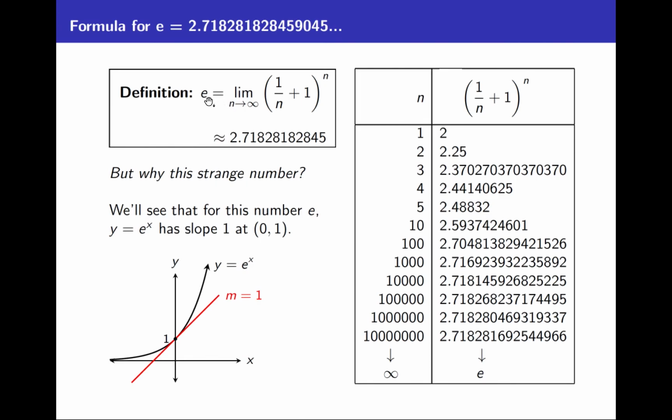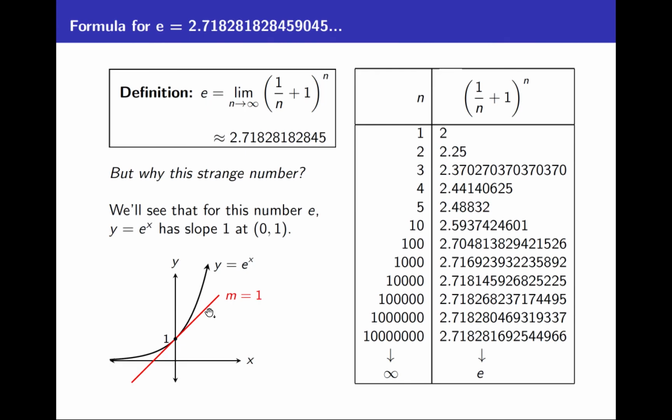That if you define e in this way, and you get this value, when you look at the graph of y equals e to the power of x, at the point x equals 0, the slope of the tangent at that point is 1. And e is the only base of an exponential function that has this property. So we're going to see why that's true on the next slide.